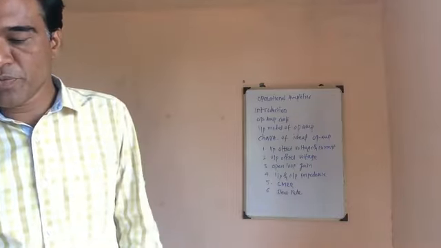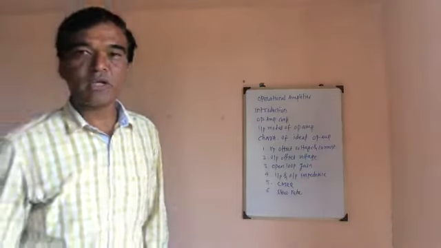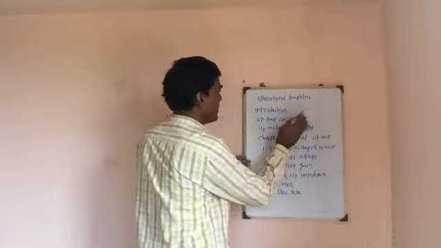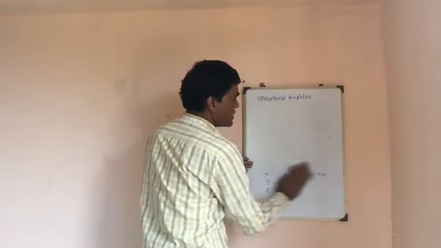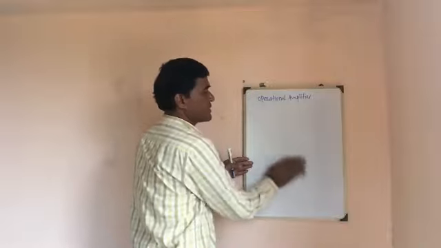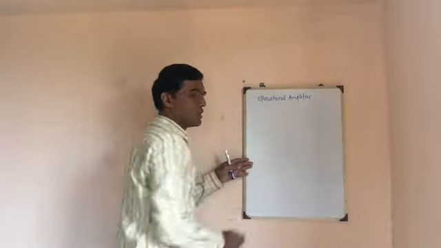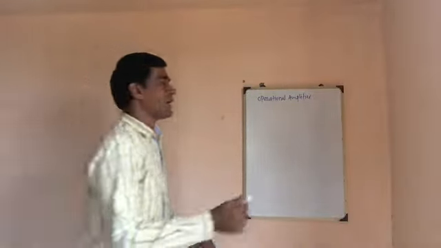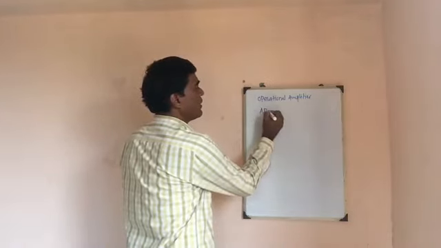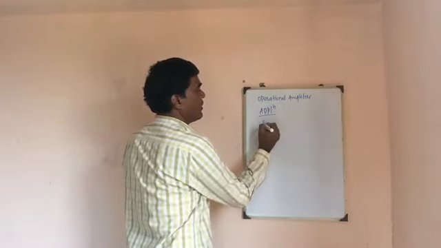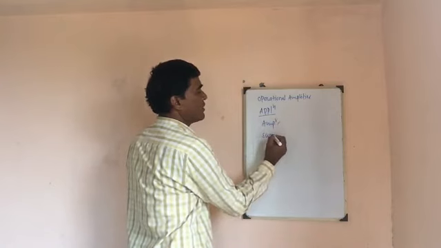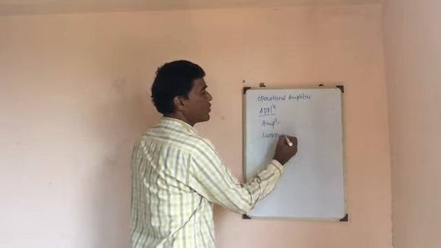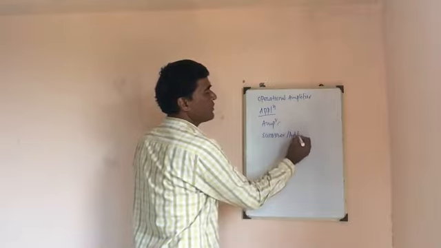Next we are going to discuss the applications of op-amp. The different applications we are going to discuss are the inverting amplifier, non-inverting amplifier, then summer, also called an adder circuit.